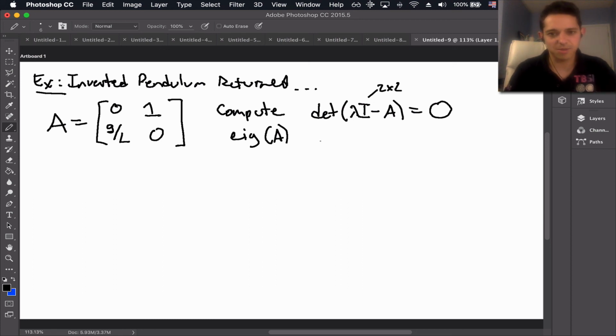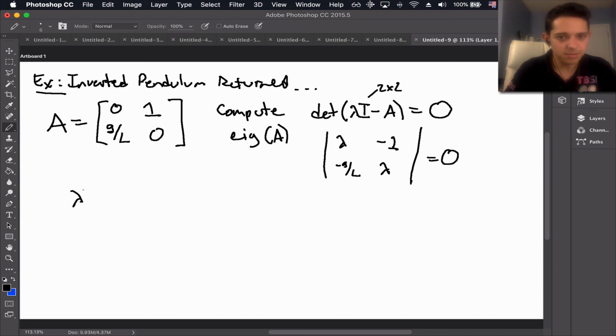In the end, this is just some nonlinear equation with respect to lambda. So the determinant of lambda I minus A is going to be the determinant of the matrix [lambda, minus 1; minus g/L, lambda], set equal to 0. And when I take the determinant, that's just going to be lambda squared minus the off-diagonal components.